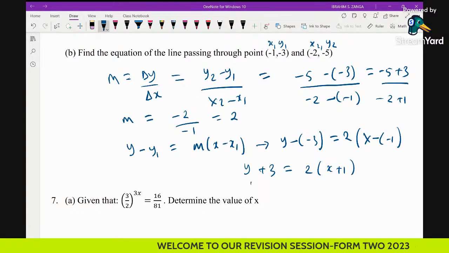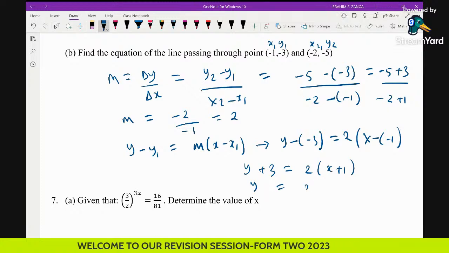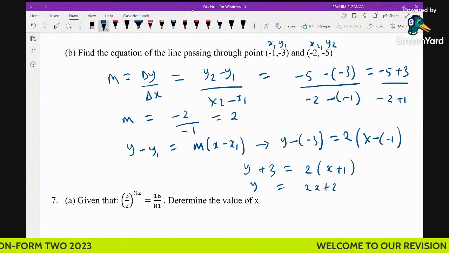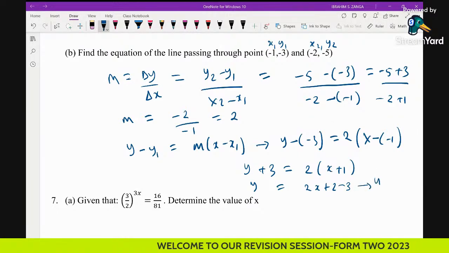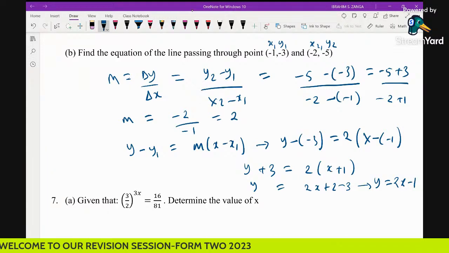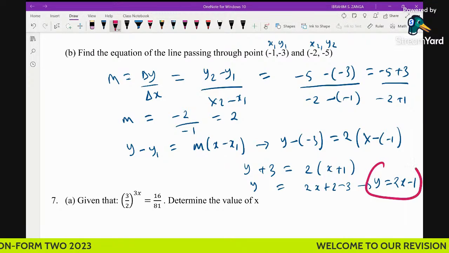You open the bracket, you have y equals 2x plus 2 minus 3. So basically, the equation is y equals 2x minus 1. So this is the equation of a line with the above credentials, dear students.